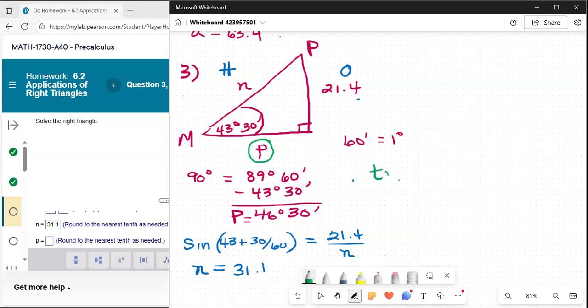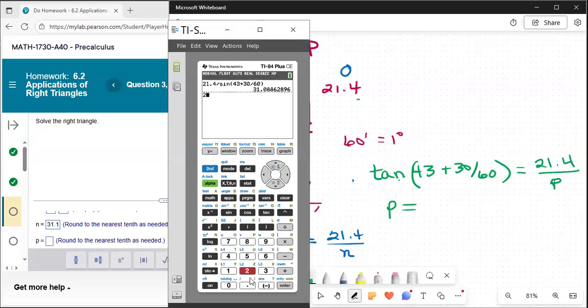So we can say that tangent of 43 plus 30 over 60, so the tangent of the angle is equal to the opposite over the adjacent, which is little p. So p is 21.4 all over the tangent of the angle. And that's equal to 22.6.